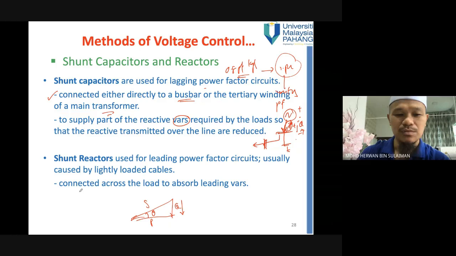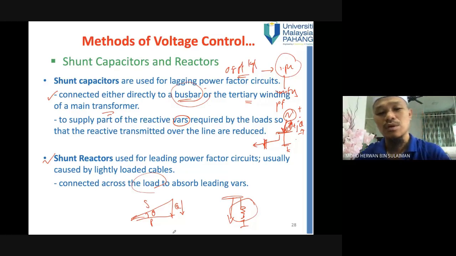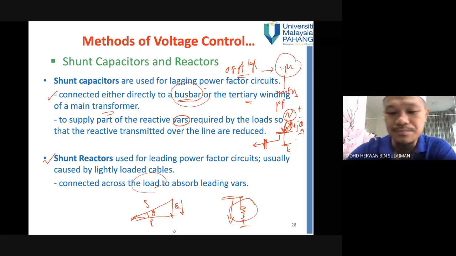The reactor is connected across the load to absorb the leading vars. So remember, shunt capacitors connect directly at the bus bar or the tertiary winding, while shunt reactors go across the load, to absorb the leading vars.